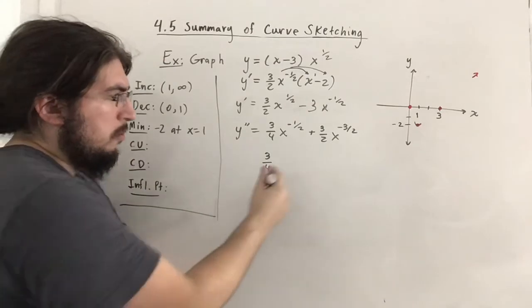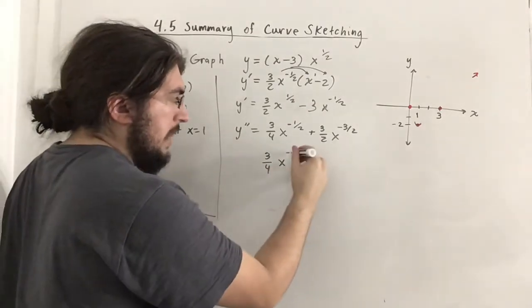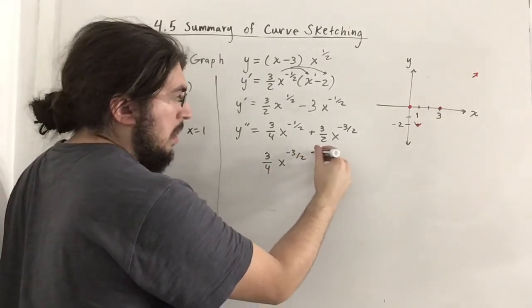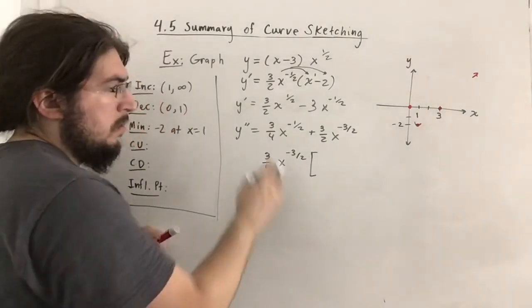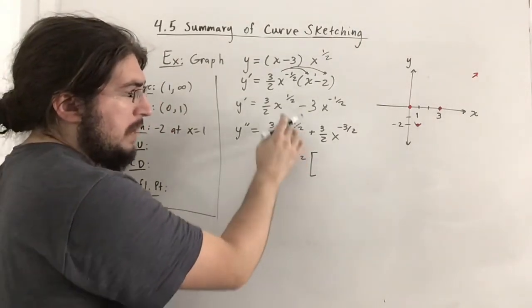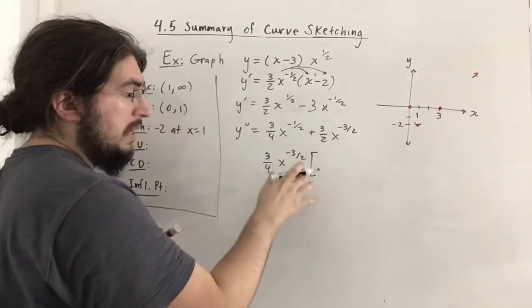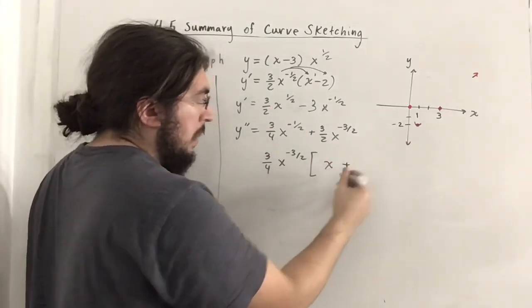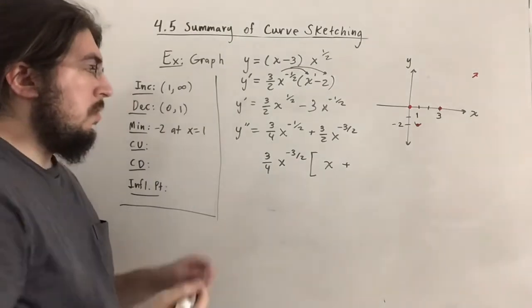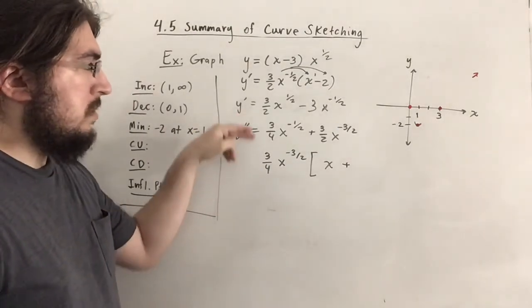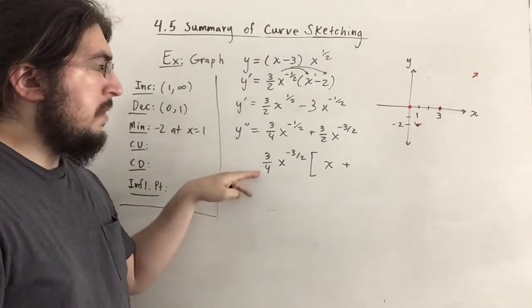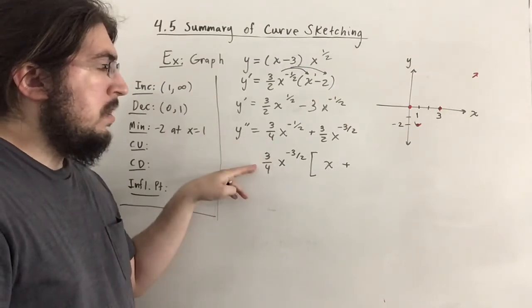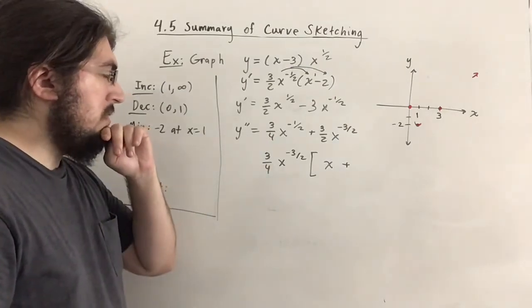So pull out 3/4 and then the smaller power is negative 3 halves. On the inside, what do we get? Well, there's no 3/4 and then you have to add 3 halves to everything now, every power of x. So 3 halves minus 1 half is just 1, so that's x, plus, so here what we did is we pulled out the 3 on top, but then we divided by 4. So what does dividing by 4 do?